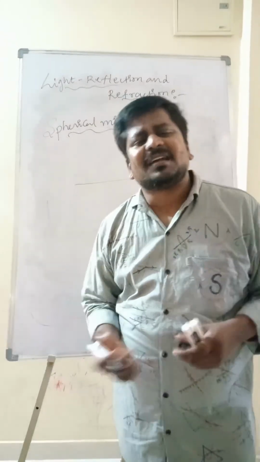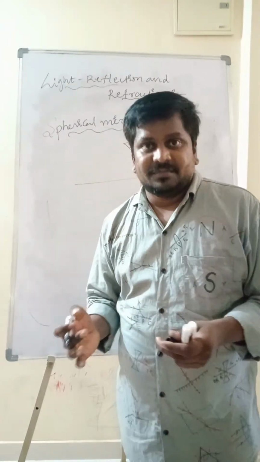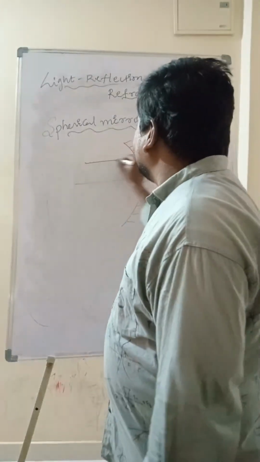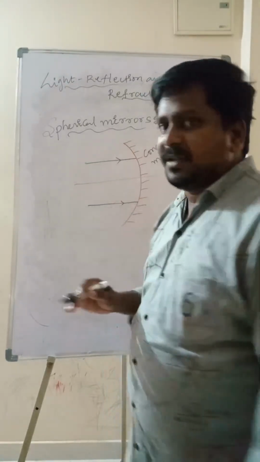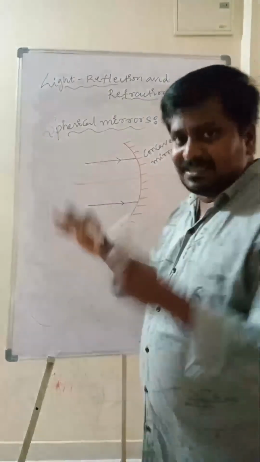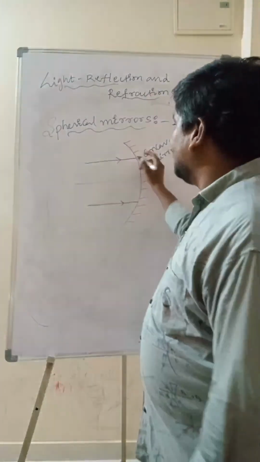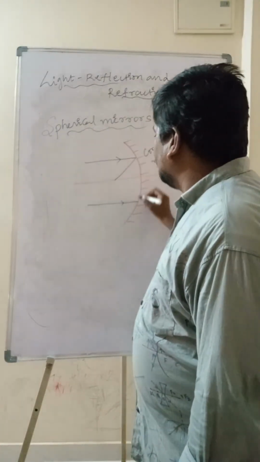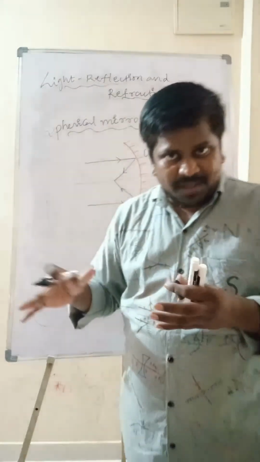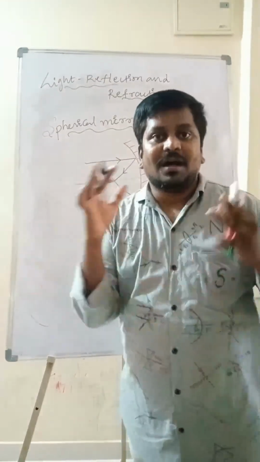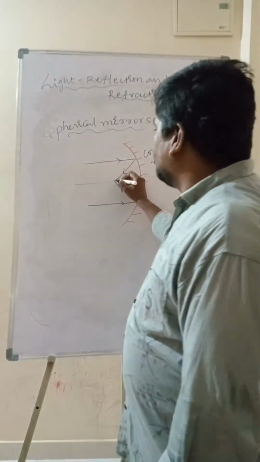Why is a concave mirror called a converging mirror? Because these are the light rays I am taking. Whenever the light rays are incident on it, after reflection those light rays will reflect back and meet at one point on the principal axis.